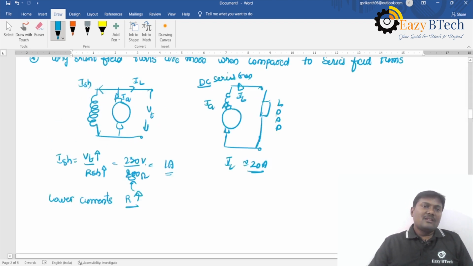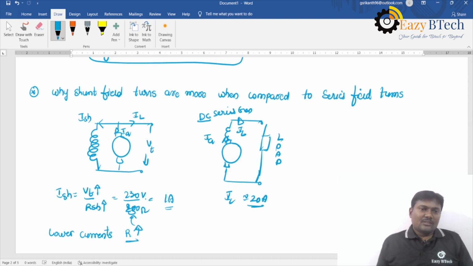And why? Because suppose I have 10 rupees in my pocket. If 1 rupee is lost, then 9 rupees are utilized. In 10 rupees, if 9 rupees is lost, I have only 1 rupee.